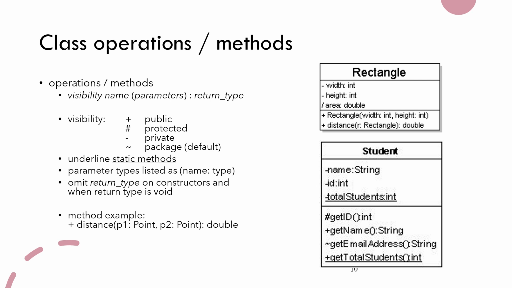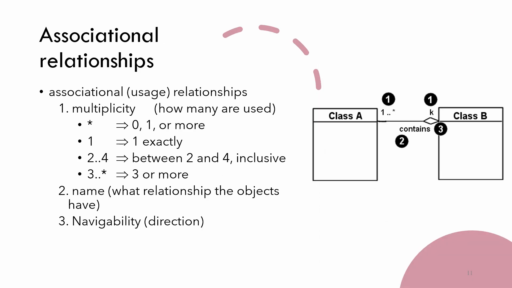It brings the same features, especially on visibility, but for the operation or methods, they have the parameter, and they omit the return type on the constructors, and when return type is void, so it goes to the class operation.